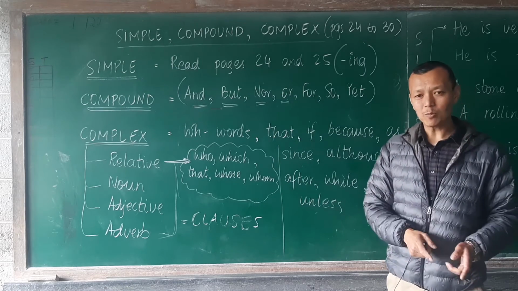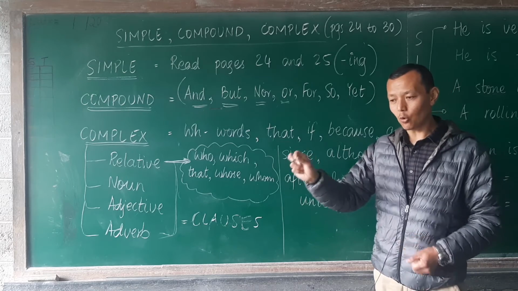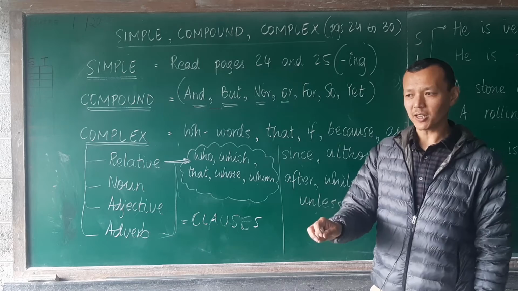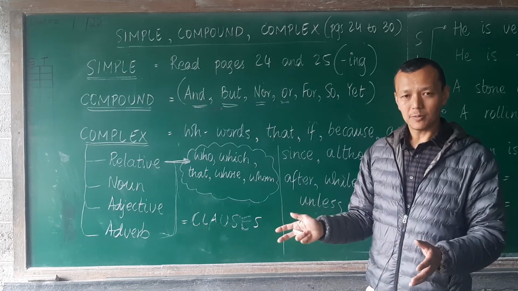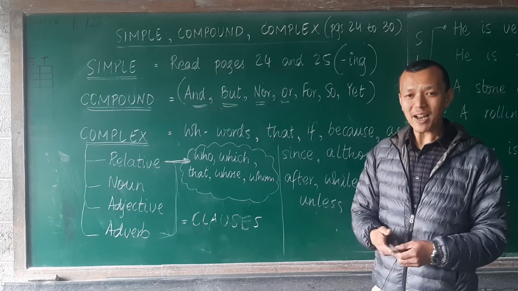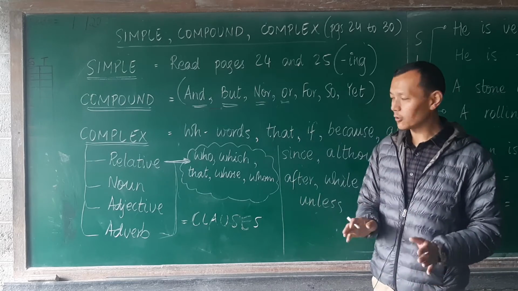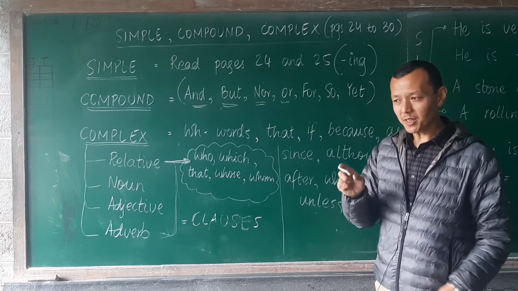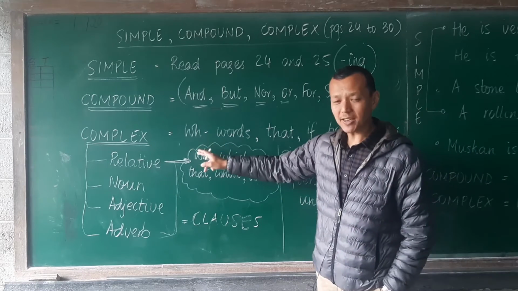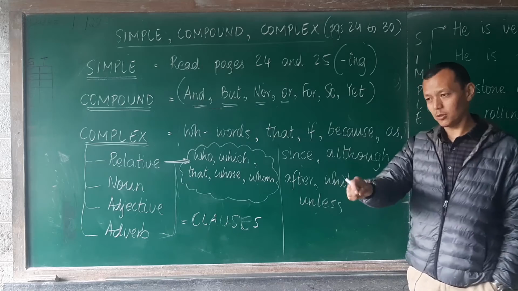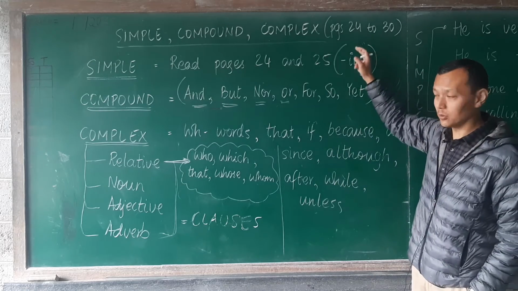If you've got a grammar book, the grammar book will have it. Your own textbook has, we won't say there are a lot of sentences, but in your textbook, for the sake of practicing and for the sake of understanding this technique, there are lots and lots of sentences there. If you look in your textbook, I have mentioned the pages 24 to 30 where complex sentences appear.